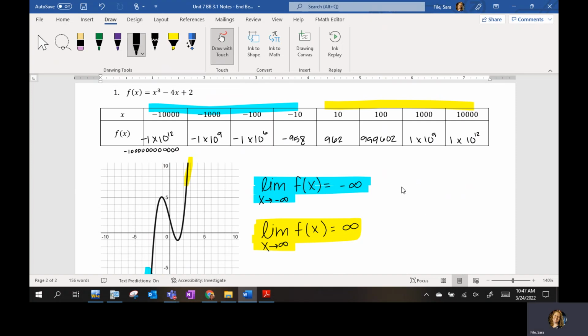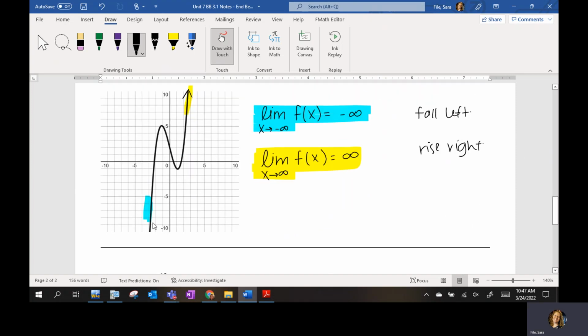It's not going to be like that on a test, but just for the notes to help you understand, this means it's falling left and rising right, which is exactly what the graph shows, right? Falls on the left, rises on the right. You feel okay about that one?